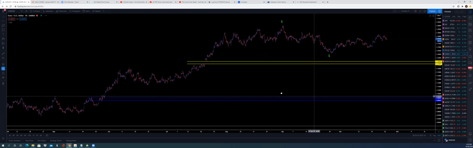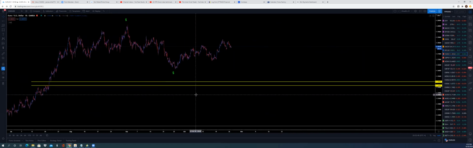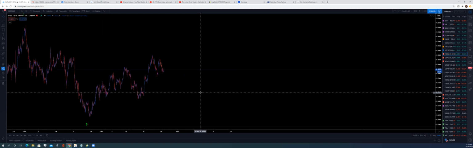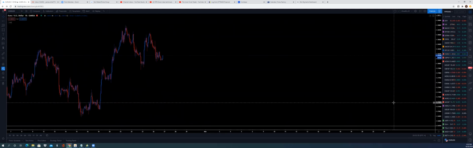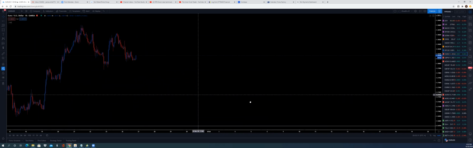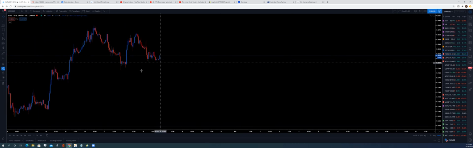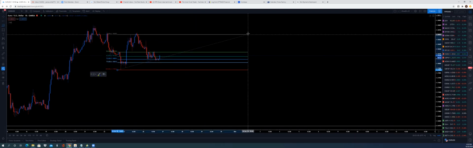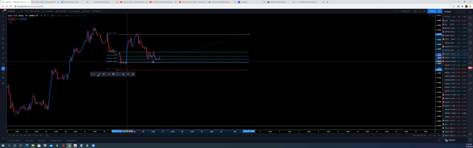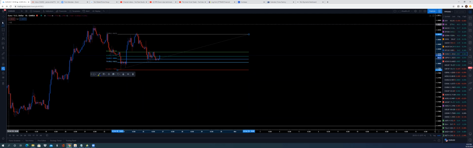Looking at Euro USD, just got a good entry for this buy right here.